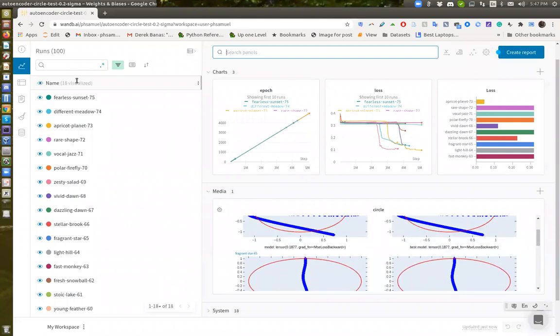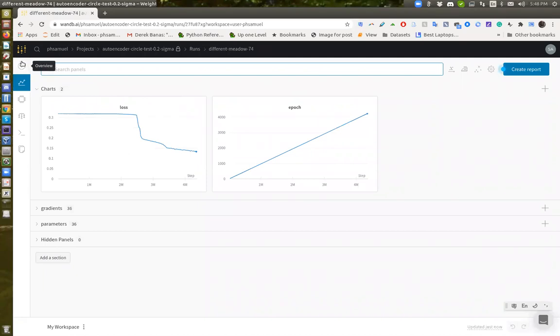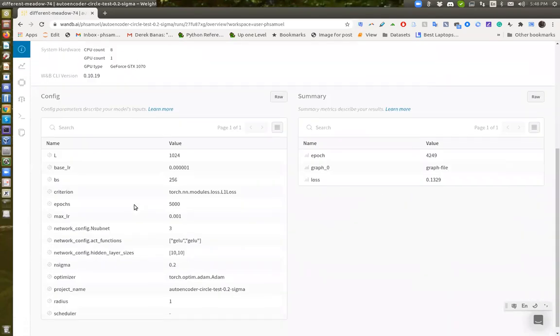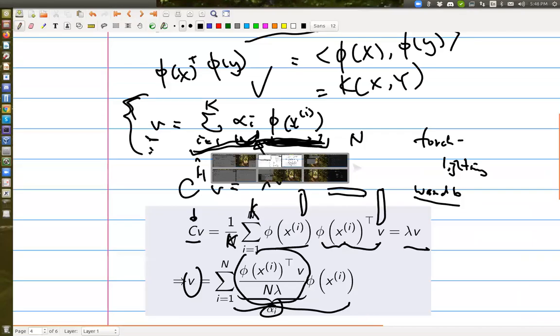I can filter what I'm going to show, or look at one case I'm interested in. I can easily go back to see what parameters I used. For example, for this one I'm using Gaussian here, and my sigma is like this. I have three sublayers and so on and so forth. So it's a pretty nice tool.